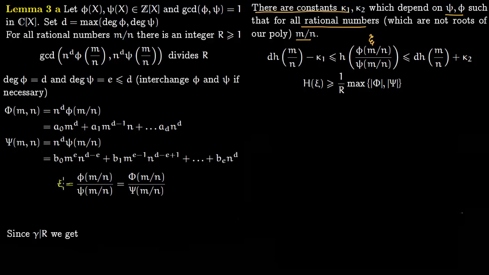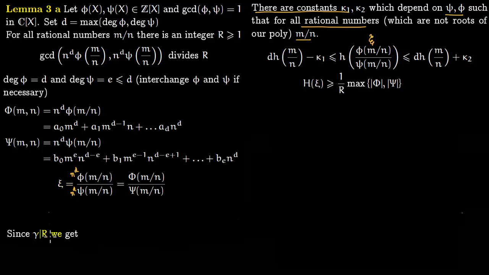So you set psi as this term, phi over psi is psi. So if you multiply both by n to the power of d, by our definition, we get capital phi here and capital psi here.